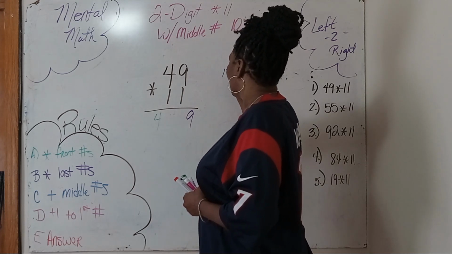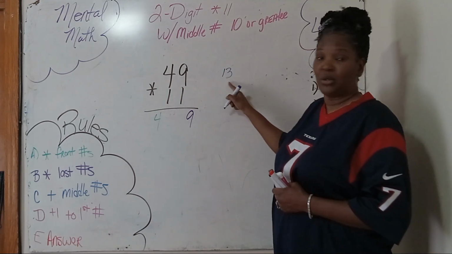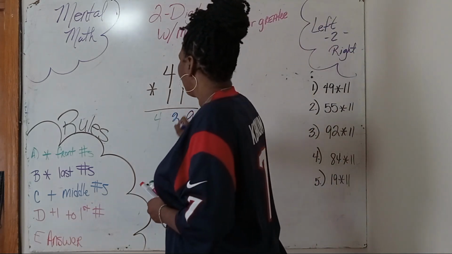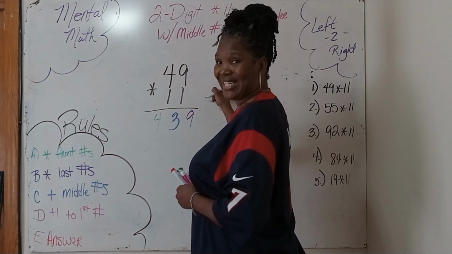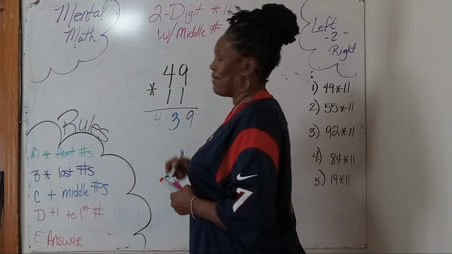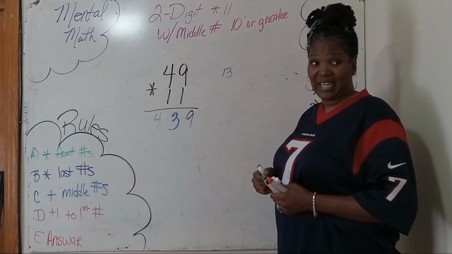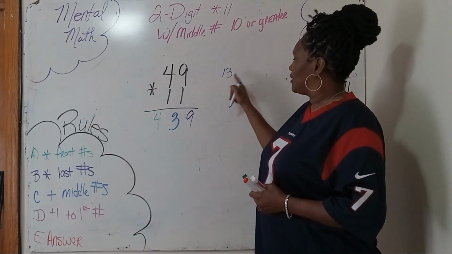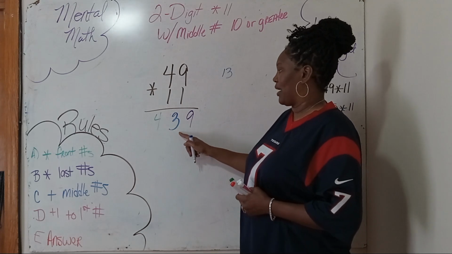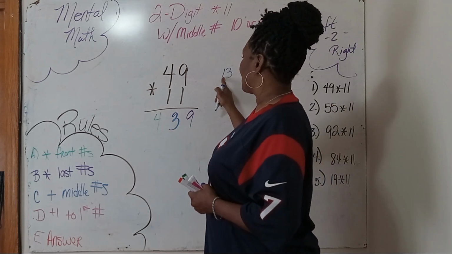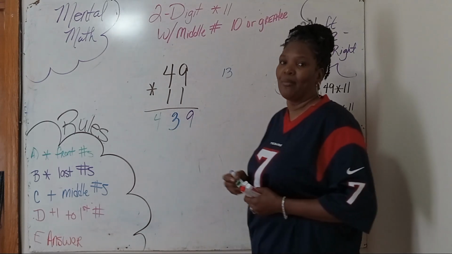So it's 13. What we're going to do is take that 3 and put it right here, but we're going to add that 1 to the 4 and make it a 5. So we took this back number and just put it right here. But this number right here, we're going to add it to the 4 and make it a 5.